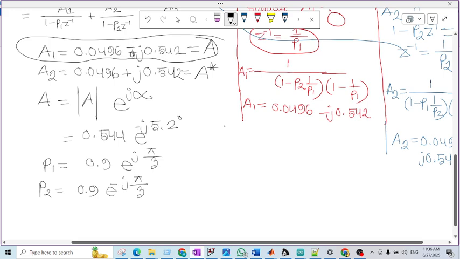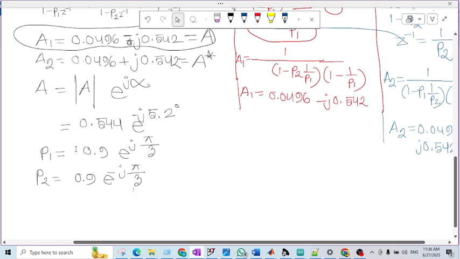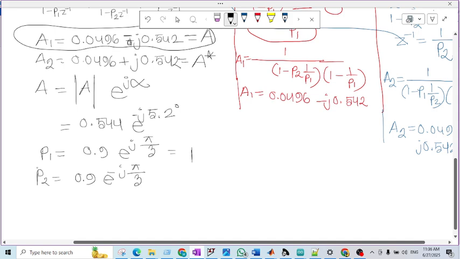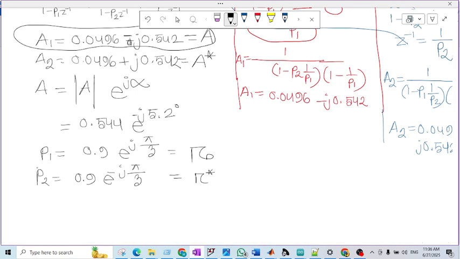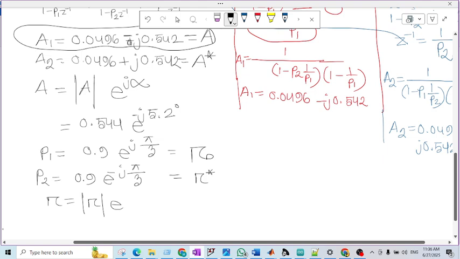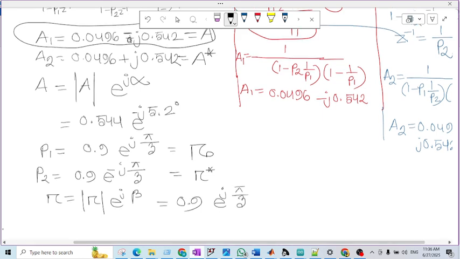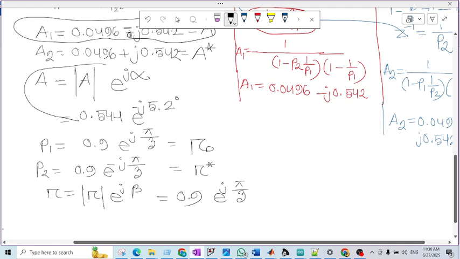So you see these two, p1 and p2, these are poles, so these two poles are also conjugate to each other. So let's take it r, so this will be r conjugate. So what is r? r is the magnitude of r and the phase of r. So the magnitude of r is 0.9 and beta is simply equal to pi by 3.